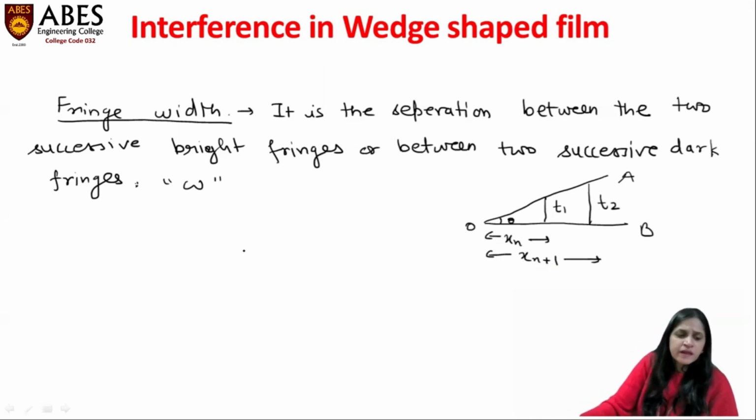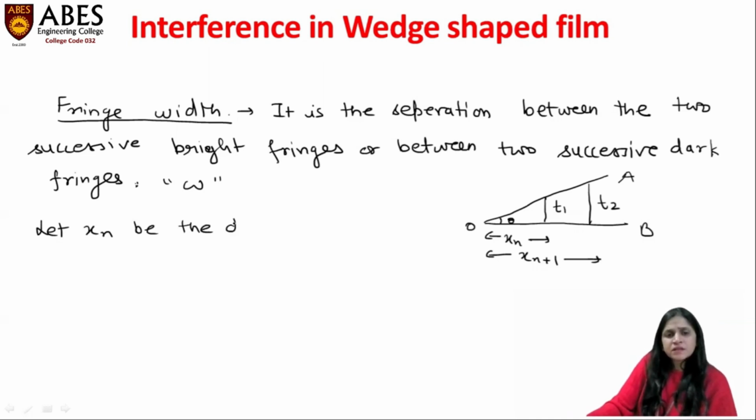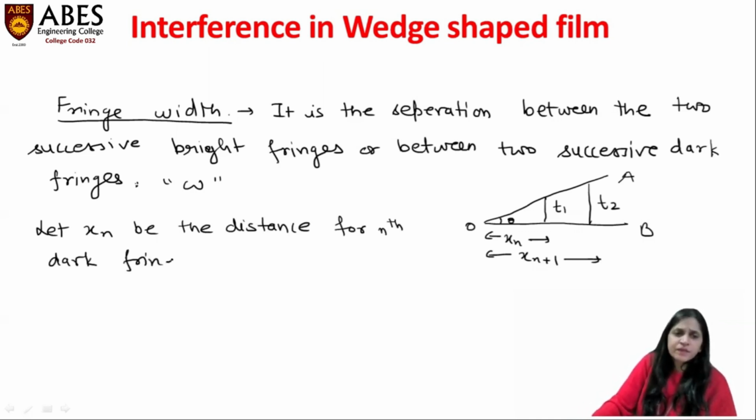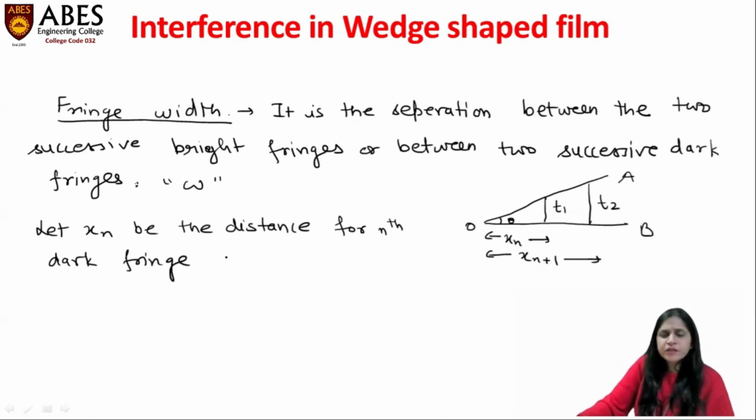So this is the diagram. What we are considering is, let xn be the distance for the nth dark fringe from the edge.